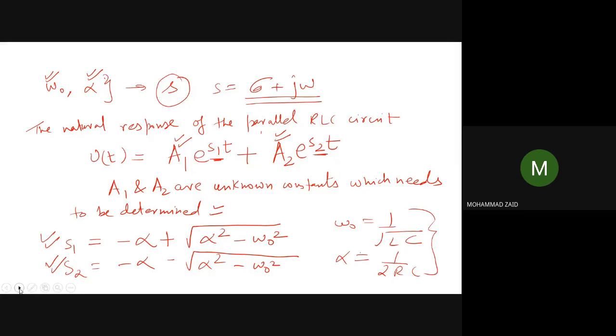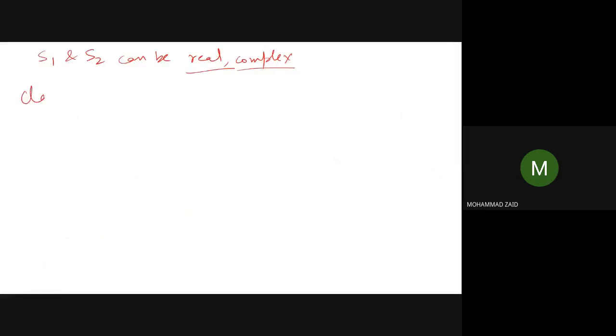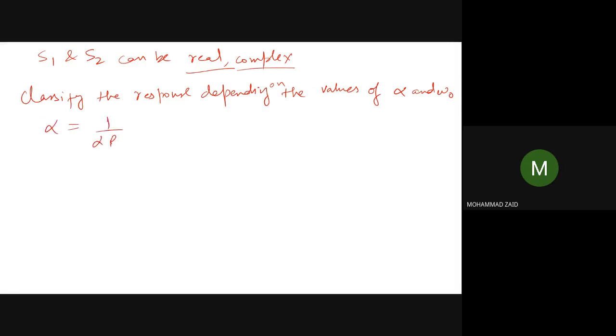So we can classify the response depending on the values of alpha and omega naught. Remember that alpha is 1 over 2RC and omega naught is 1 over the square root of LC.